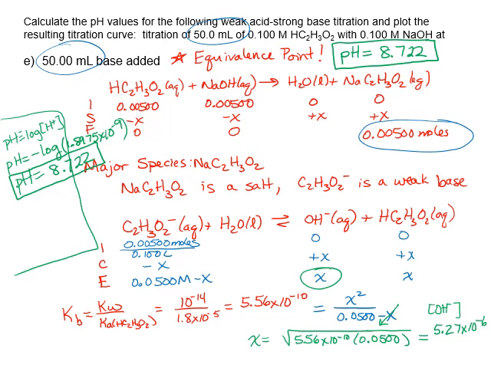Having a pH greater than 7 is typical when you titrate a weak acid with a strong base. Why? Because what do you have after the stoichiometry reaction? You've created a solution of a weak base. Weak bases will have pHs greater than 7.